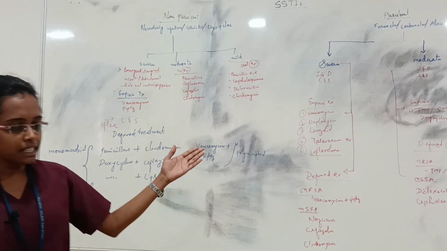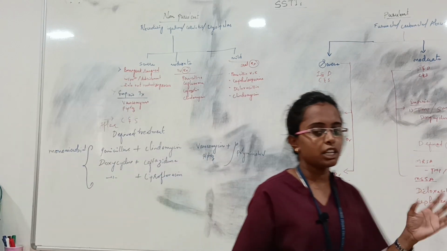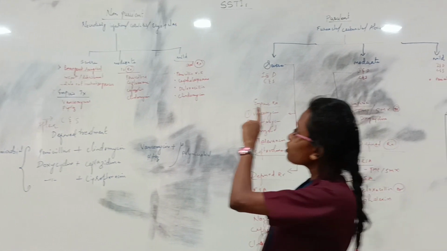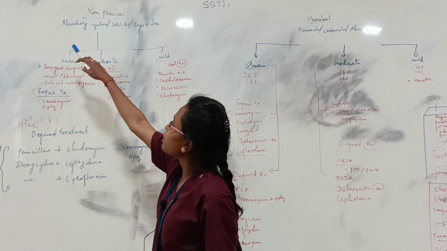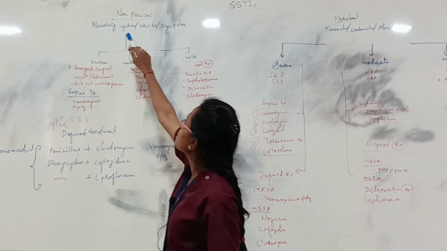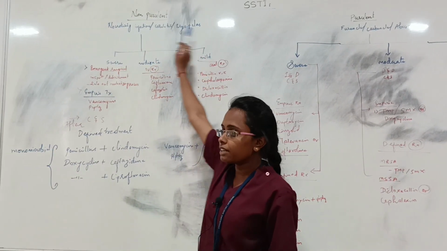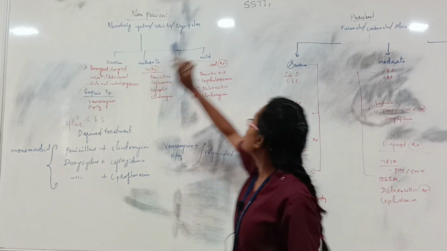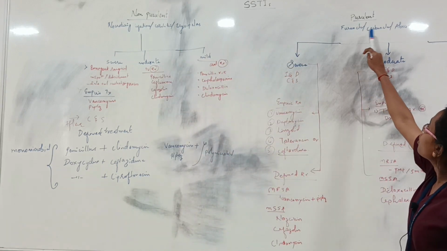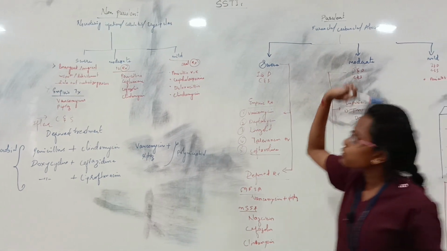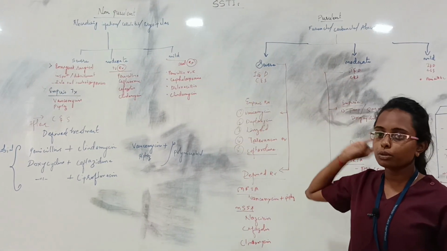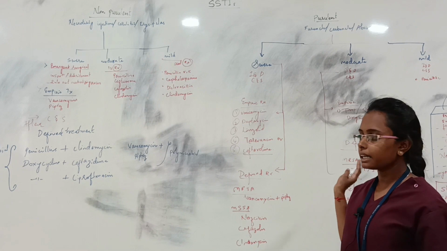See, purulent is a wound or infection which contains pus, whereas non-purulent doesn't contain pus. In non-purulent we have infections like necrotizing infections, cellulitis, erysipelas. These infections don't contain pus, whereas furuncle, carbuncle, and abscess will contain pus. So there is a separate treatment for infections which contain pus and those which don't.